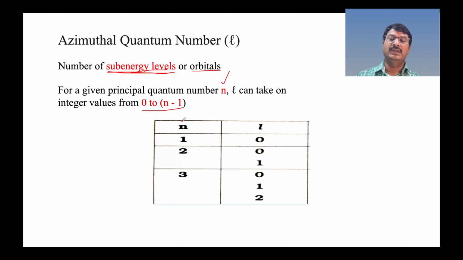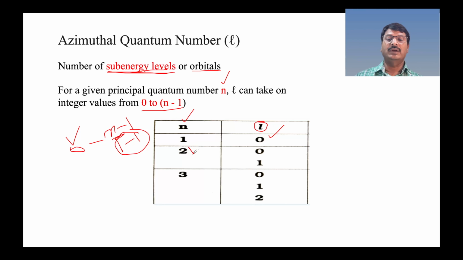For example, let us take the first principal quantum number. The l value will be 0 to n minus 1. Here n is equal to 1, so 1 minus 1, the total value you will get is only 0. That means if the principal quantum number is 1, the only sub-energy level present is called 0.